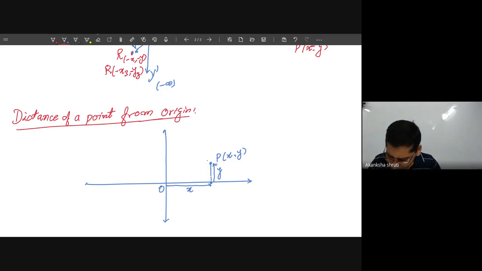This Y, if I am taking it here, it is like this Y.